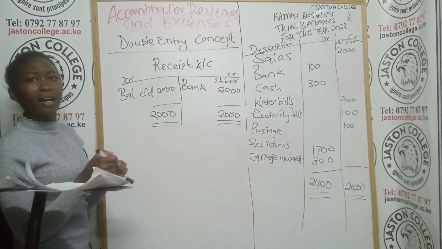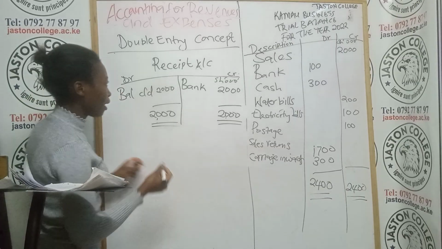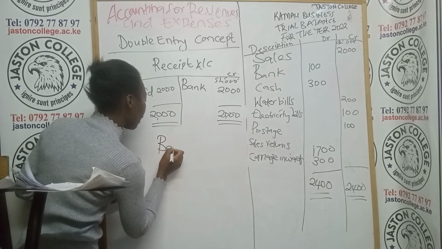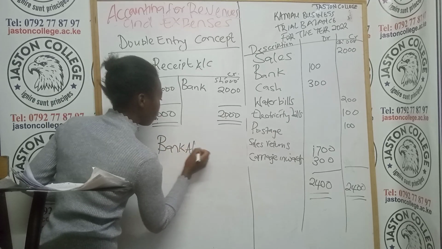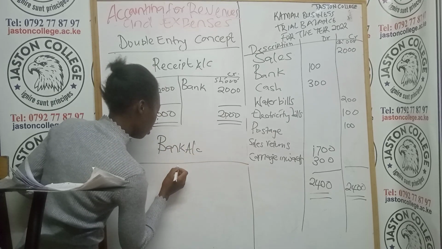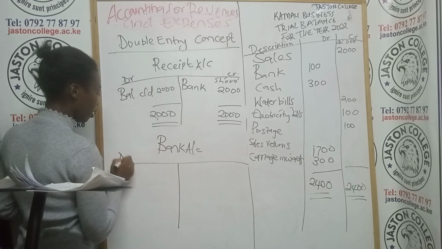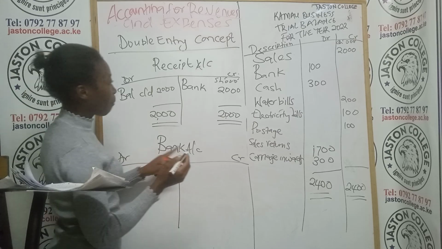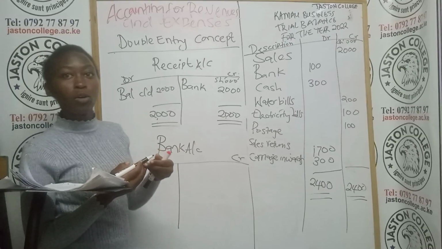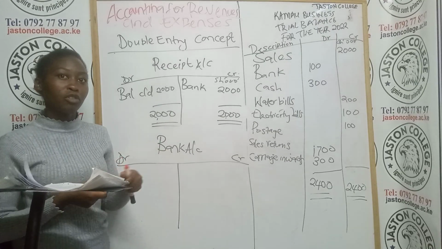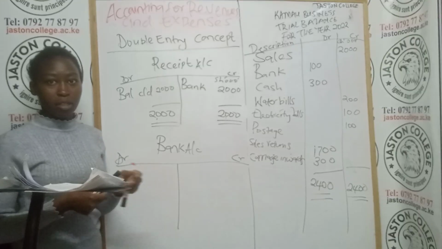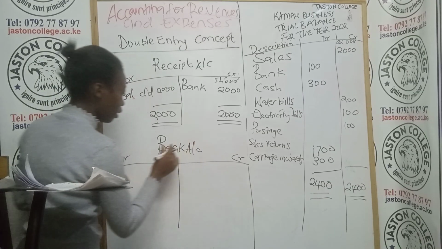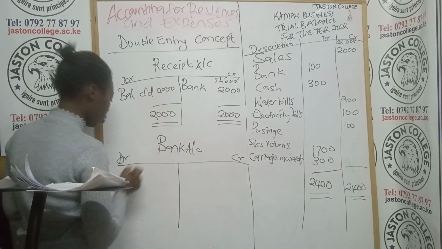What about the bank? Let's create the bank account. So we have the debit and the credit side, and our bank will increase because it is cash that we've received from the customers. So we will debit the bank because of the receipts.